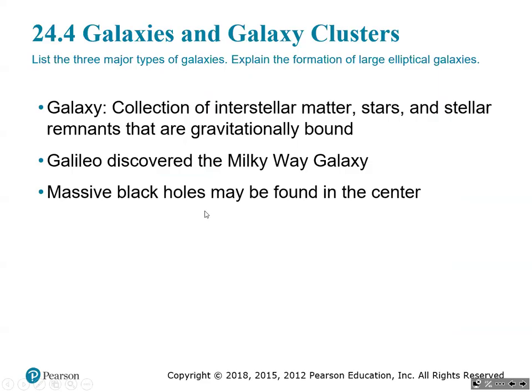A galaxy is a collection of interstellar matter, stars, and stellar remnants that are all gravitationally bound to each other. So a galaxy is a big group of stars and stuff that is all gravitationally bound to each other, and generally, moving around, orbiting a central object or a central point. Galileo discovered that the Milky Way galaxy was made of stars, because you can't see it by looking up at the sky.